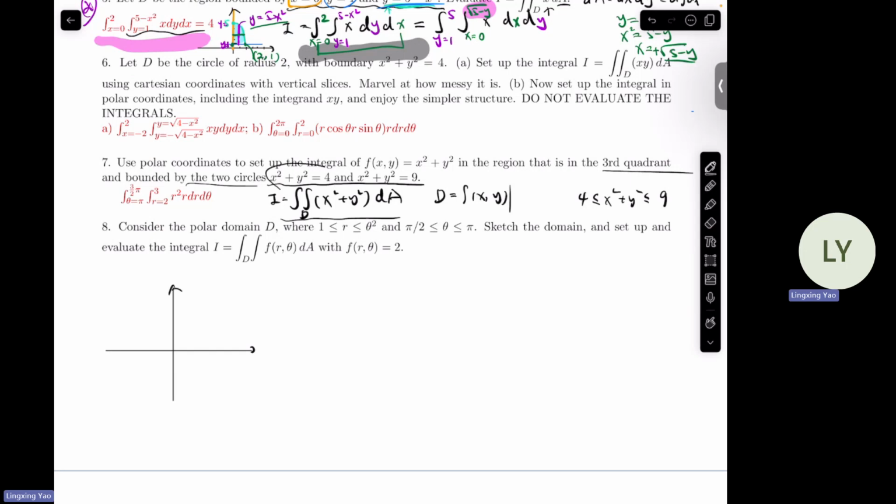Okay, so we have 2 circles. The first circle has radius 2, and the second circle has radius 3.